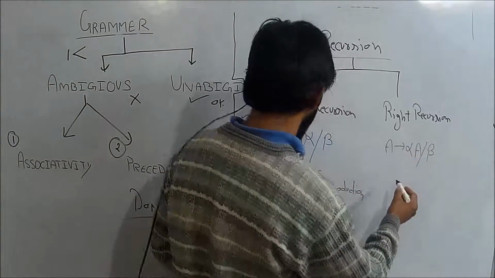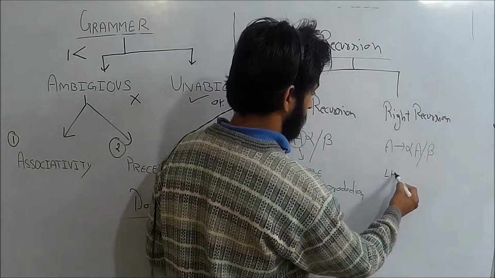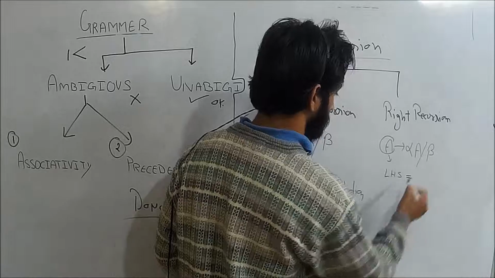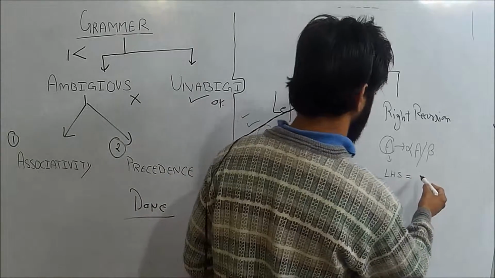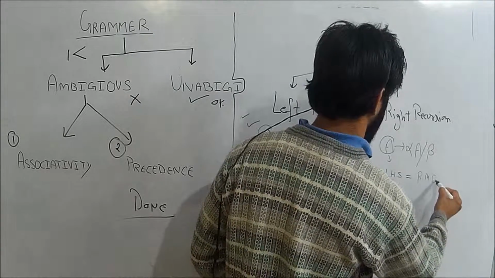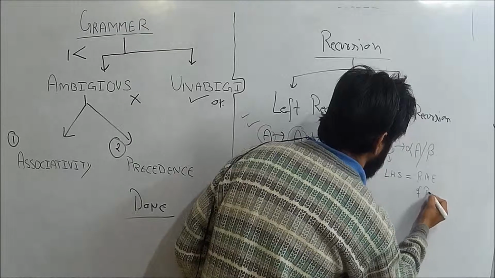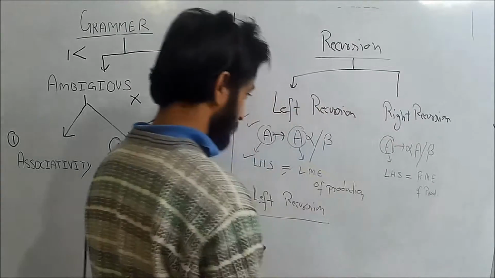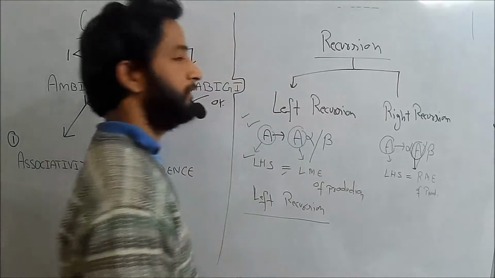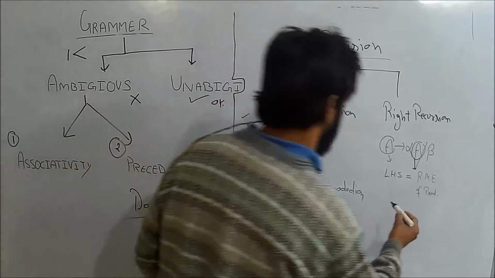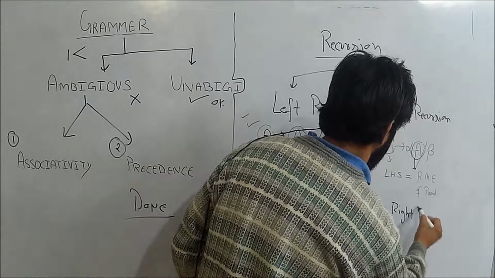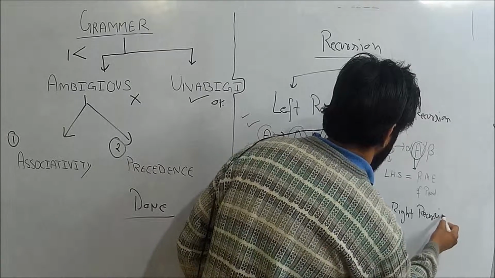And if the left hand side is equal to the rightmost element of the production, then we can say that the given grammar is with right recursion.